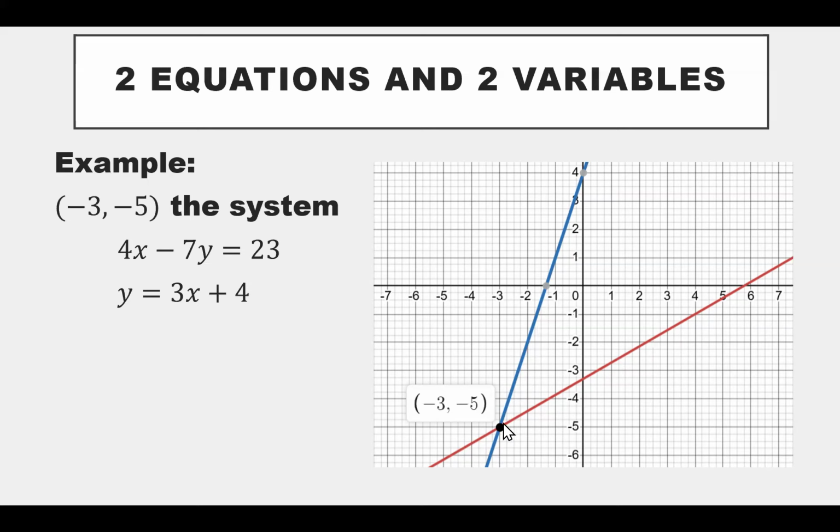A solution makes both equations true. Therefore, it's a point which is in common to both lines. So if we have two equations and two variables, we have two lines, and the solution to a system of linear equations is the point at which those two lines cross.